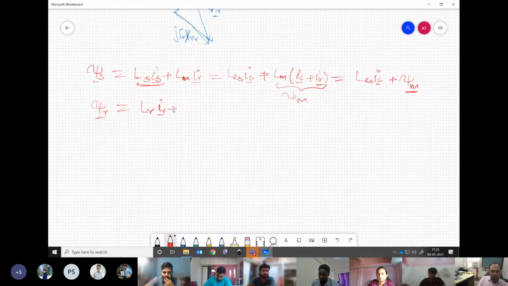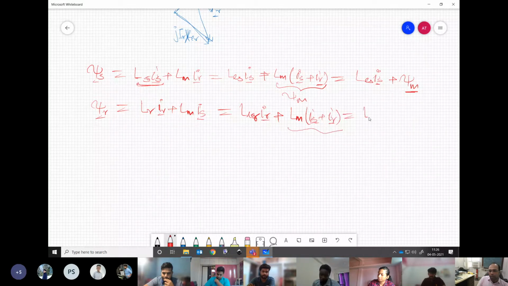LR IR plus LM IS. This also can be divided in two parts, LLR IR plus LM times IS plus IR. Now what is this? Again your psi m. So this becomes LLR IR plus psi m.